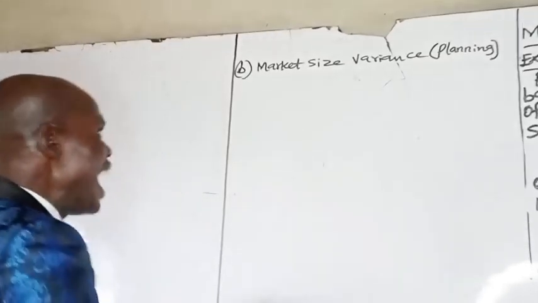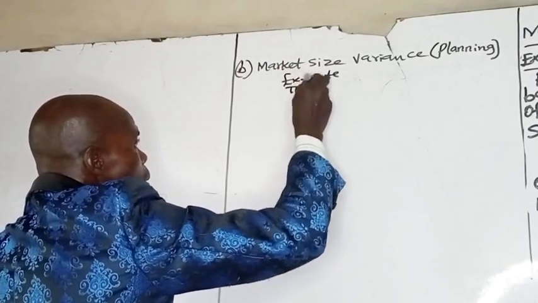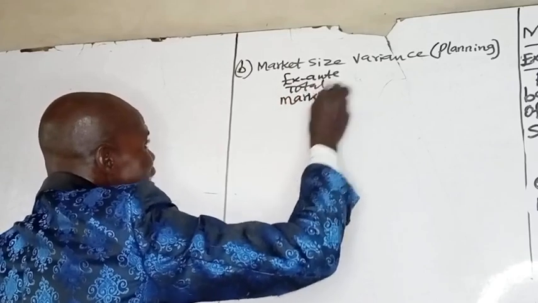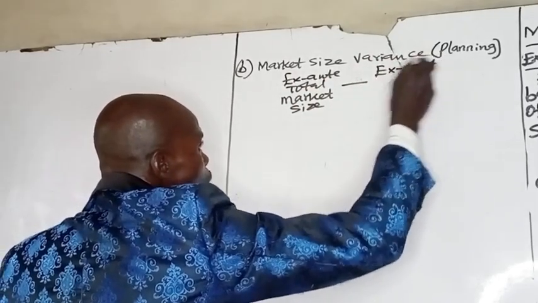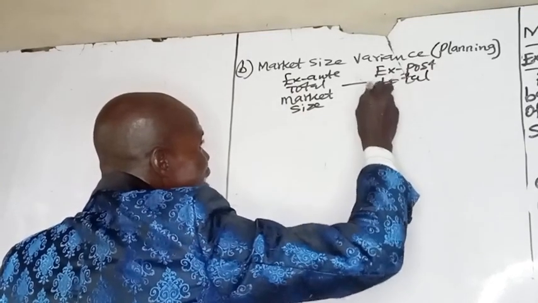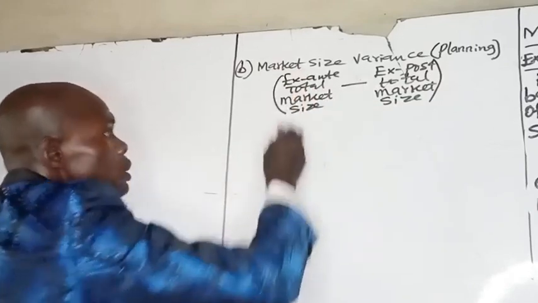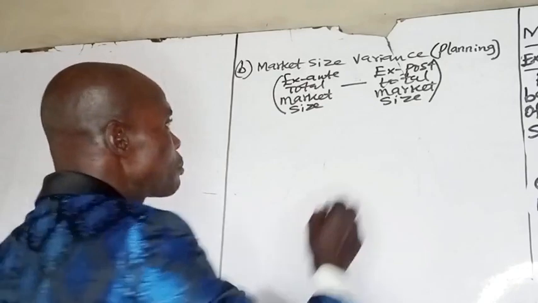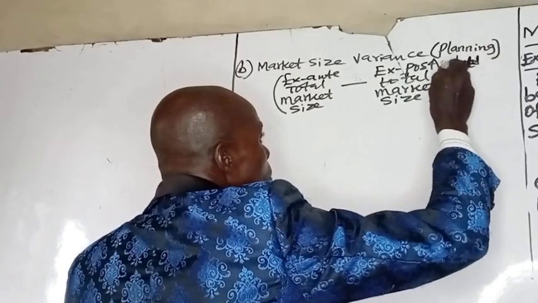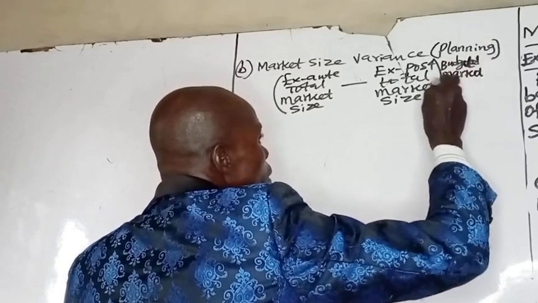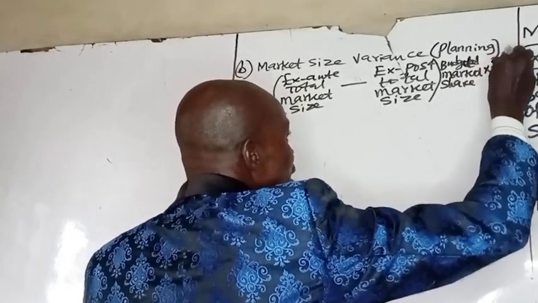Therefore, you have the ex ante total market size minus ex post total market size, multiplied by budgeted market share, times standard contribution.